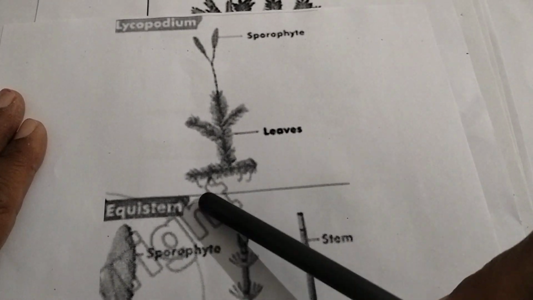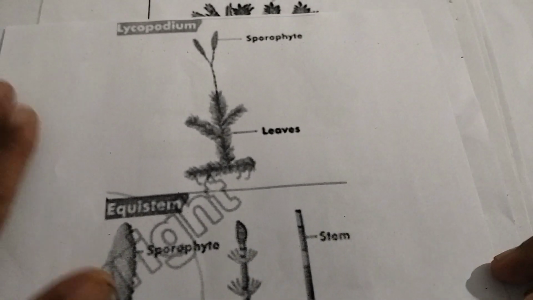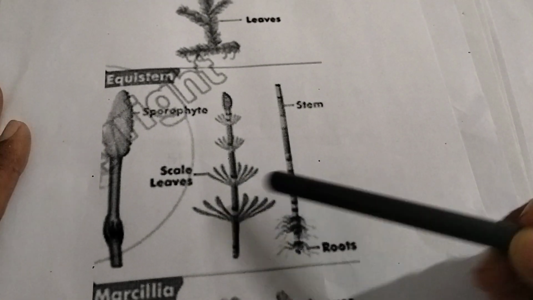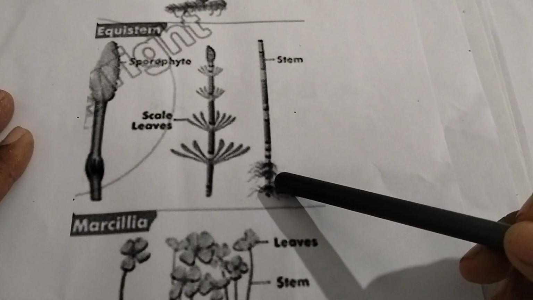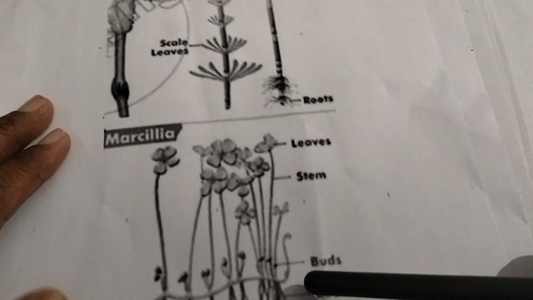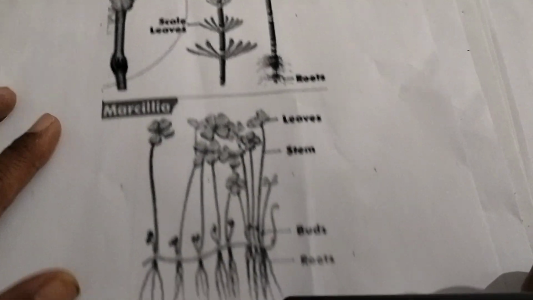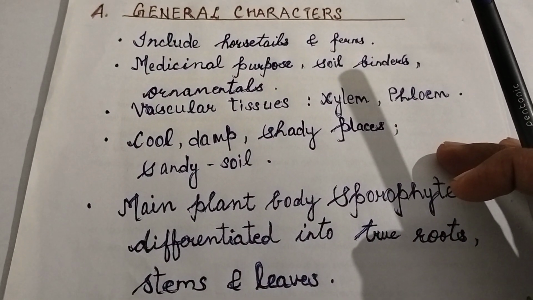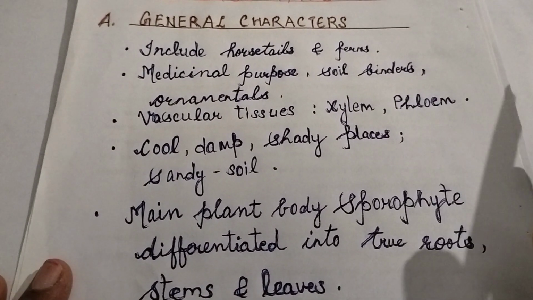Leaves are present. See here, roots are present. Similarly, see Equisetum, very strong stem is there. These are leaves. These are roots. Again, Marsilea, leaves are there, stems are there, roots are there. So, from pteridophytes you can see the plant body is differentiated into roots, stems and leaves.